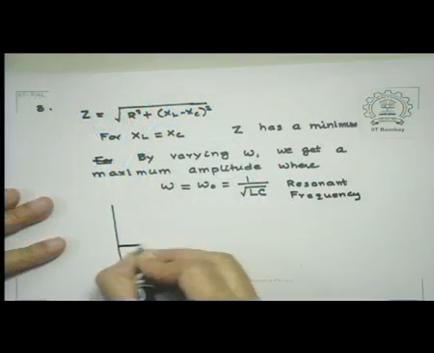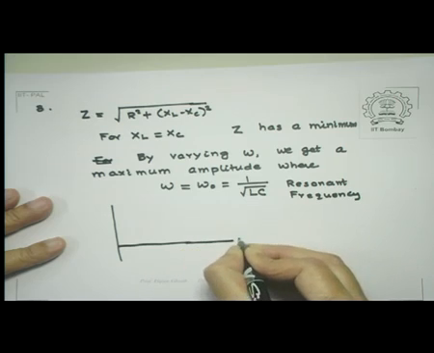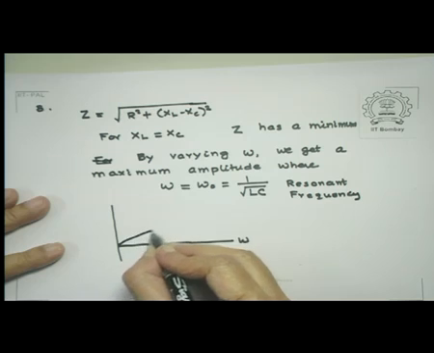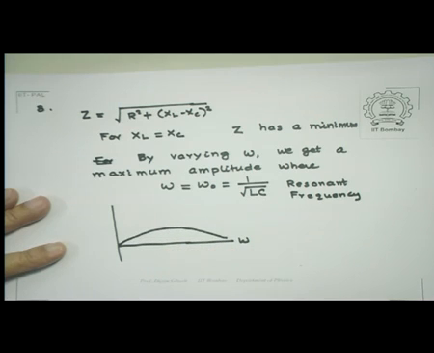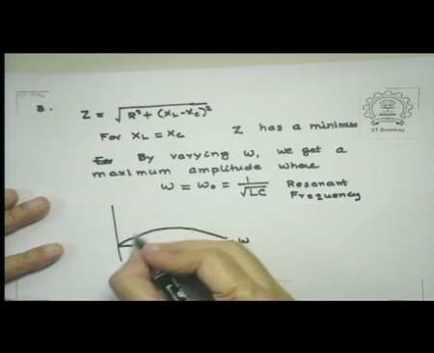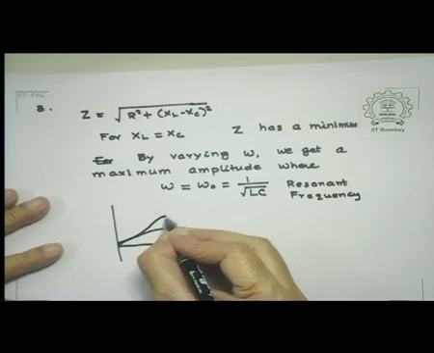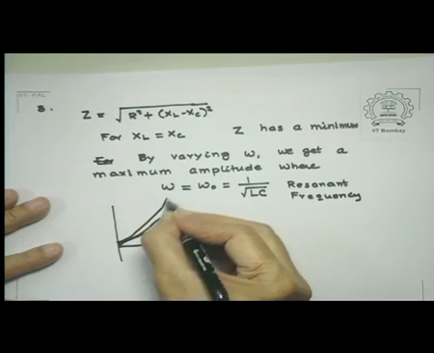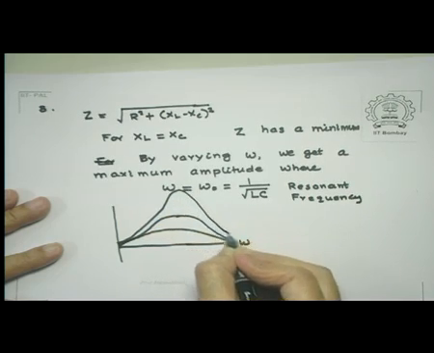So the pictures were something like this. This is against omega. So for high values of R, you have a rather flattish curve. As you decrease R, this is the type of thing that you get, and further decrease of R gives you a still sharper peak.